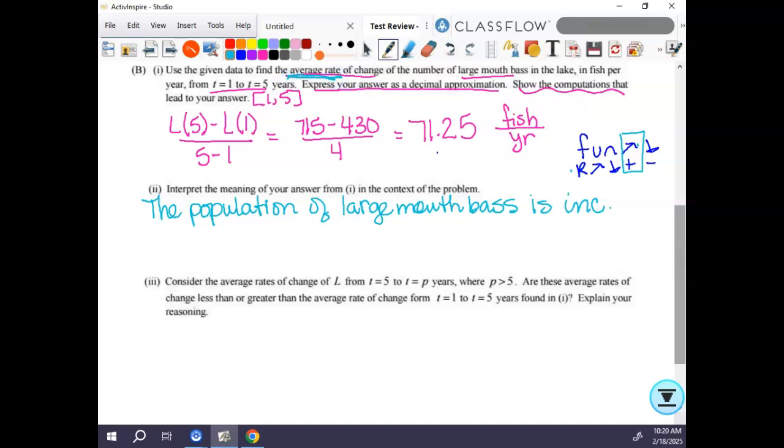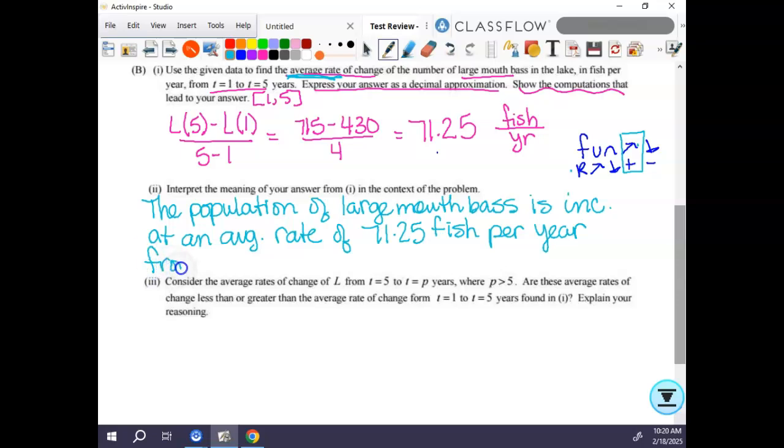So increasing at an average rate of 71.25 fish per year. Now, is it always changing at that rate? No, it is not. So I need to say from t equals 1 to t equals 5 years.